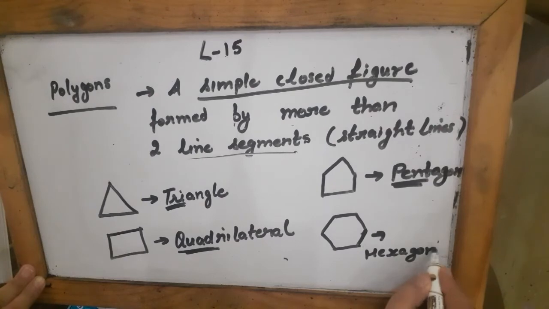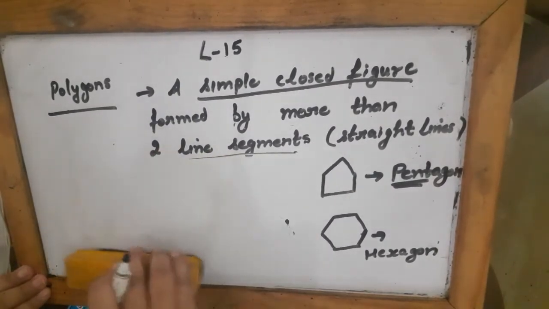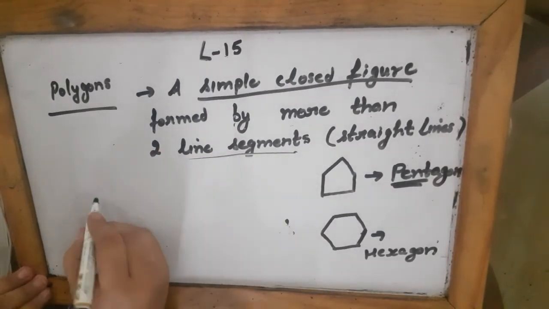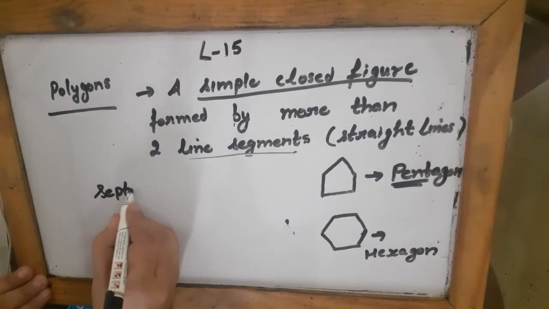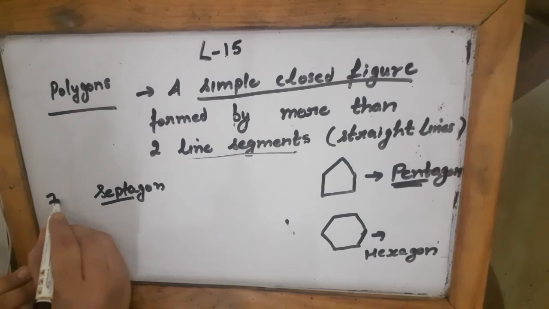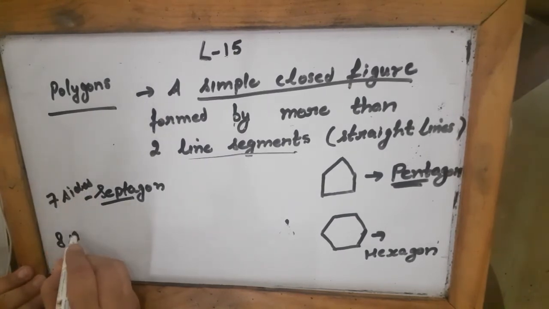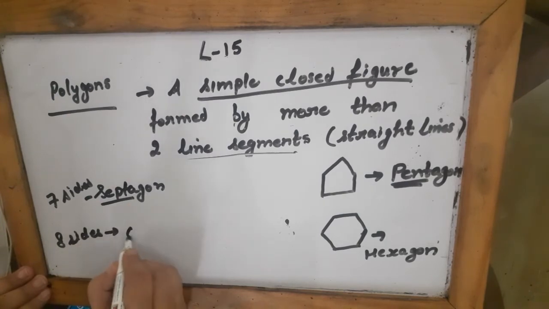Hexa means six. Now the same way we have figures which have seven sides. A seven-sided figure is called a septagon. Septa means seven. And then the figure which has eight sides is called an octagon.